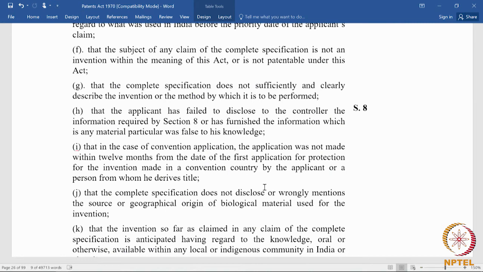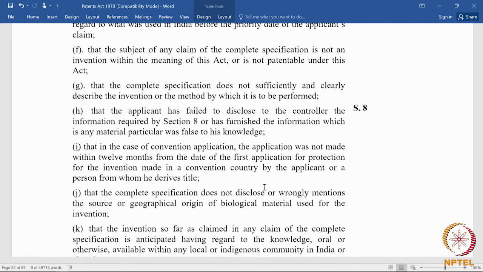Not an invention within the meaning of the act, the cross reference to that will be section 3, because if you take section 3, the title of section 3 is what is not an invention, and what is not patentable under the act, the cross reference is section 4. So, the cross reference to this section will be sections 3 and 4.